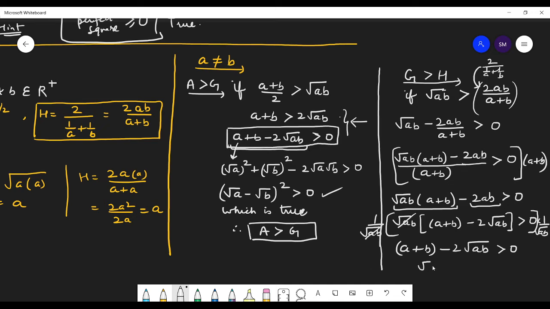And this you can write as (under the root a minus under the root b) whole square, that is greater than 0. And which is true. So it means G is greater than H. So if A is greater than G and G is greater than H, it means A is the biggest and H is the smallest.